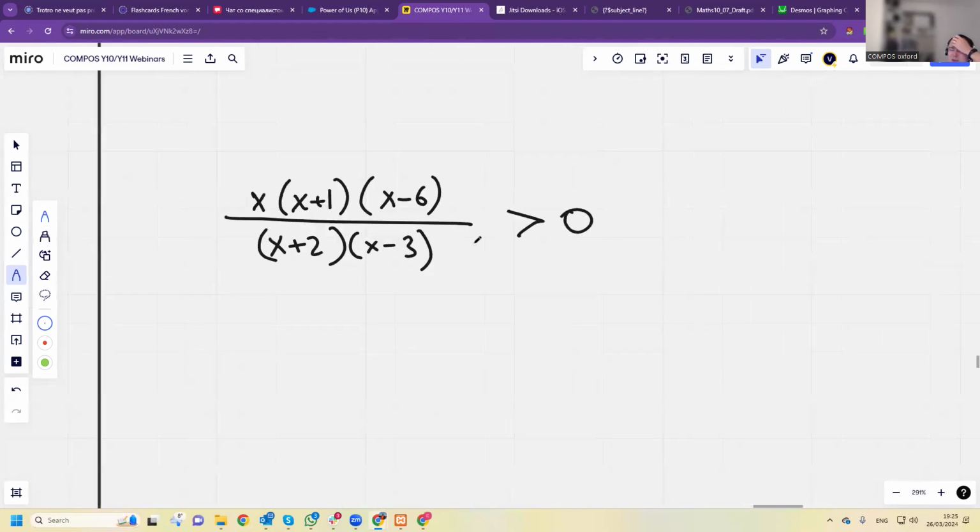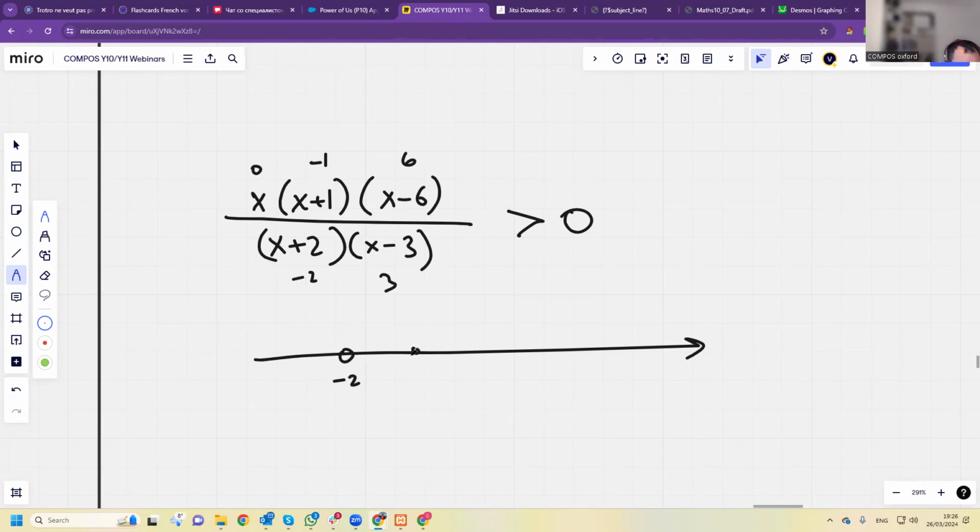But multiplying by positive and dividing by positive, it doesn't matter, right? If you divide by negative, the sign changes. And if you multiply by negative, the sign changes as well. So you find the critical points: 0, minus 1, 6, minus 2, 3. So minus 2, minus 1, 0, 3, 6.